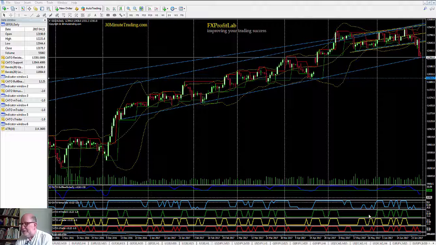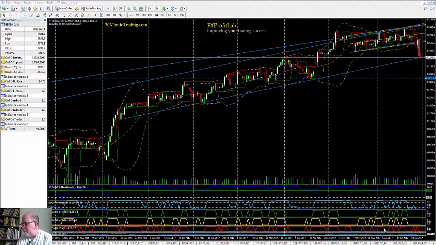Then we have the MTrader 3. When that is pointing down it says we're bear, when it's pointing up it says we're bull. Then the MTrader, and then the S-Trader, work the same way: pointing down says bear, pointing up says bull. Now these react differently, as you can see.